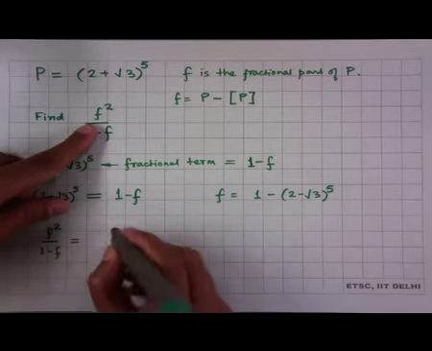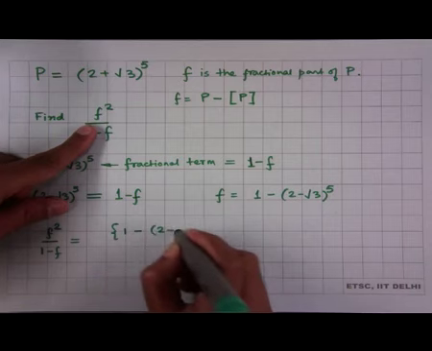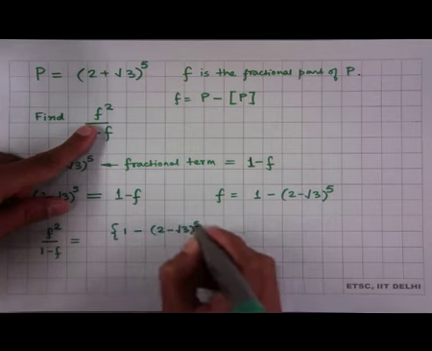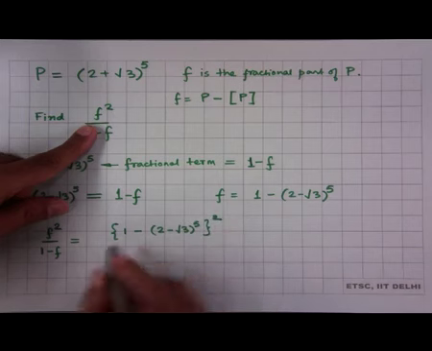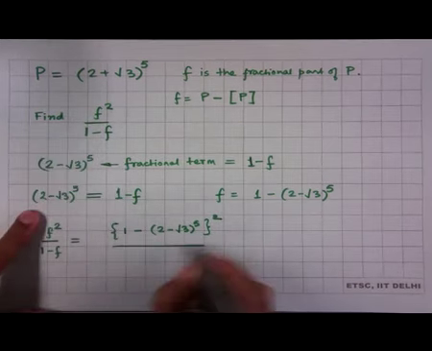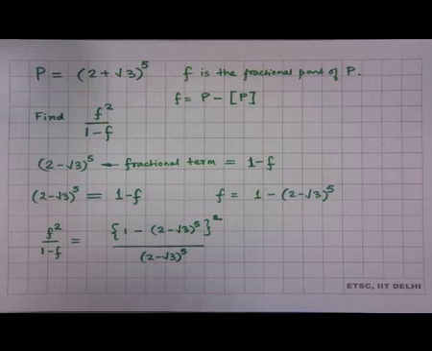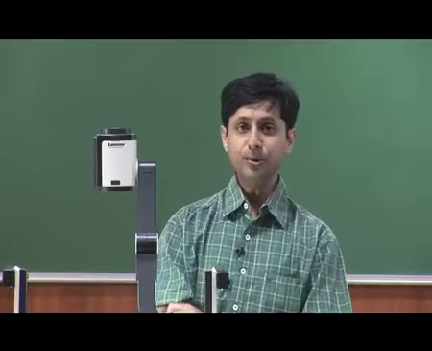F squared is (1 minus (2 minus root 3) whole power 5) the whole squared, and 1 minus f is nothing but (2 minus root 3) whole power 5. All right. And then what are you going to do? How will you solve this? How will you work this out? You have to rationalize it, right.